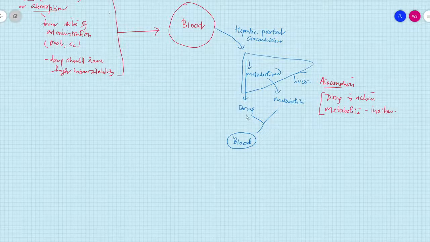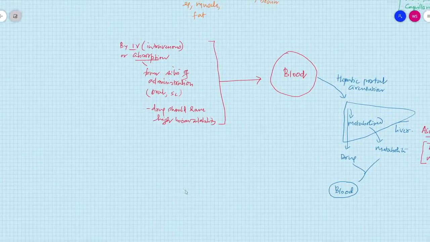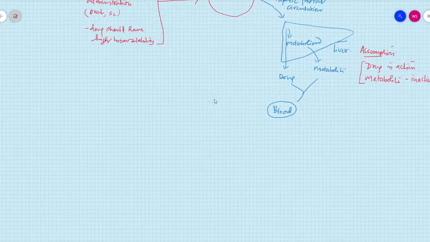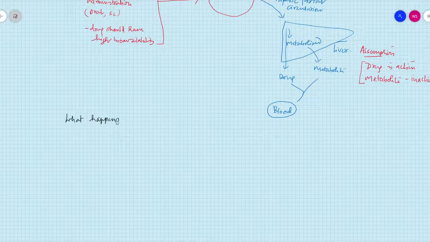So this active drug now reaches the blood. What are we doing here? We're trying to trace the path of the drug after administration. Now it has reached the blood. Then what happens? Let's write the question that we are talking about: what happens when the drug reaches blood?